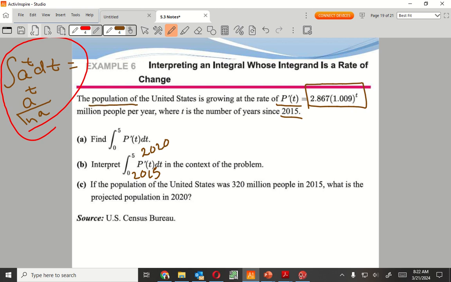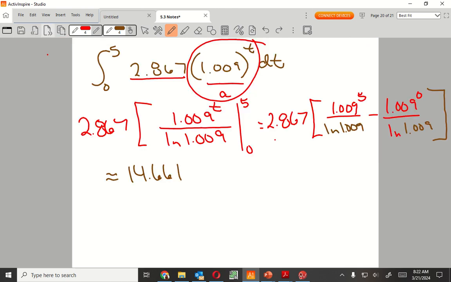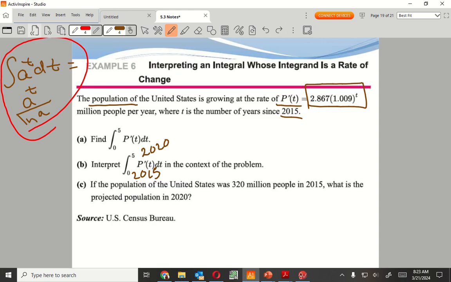We're talking about population. So, in this case, the population grew from 2015 to 2020 by 14.661 million, because this is in millions of people. There you go.